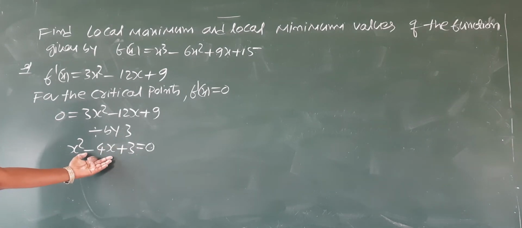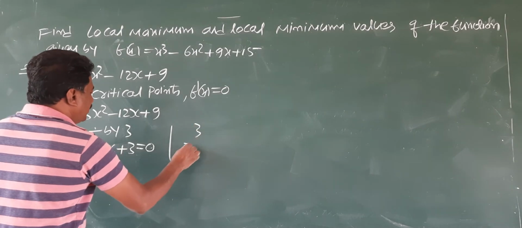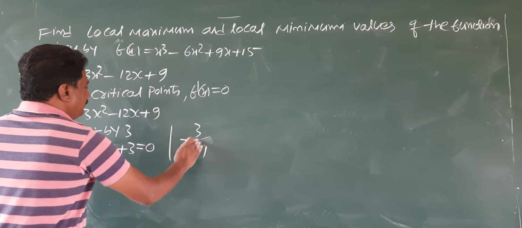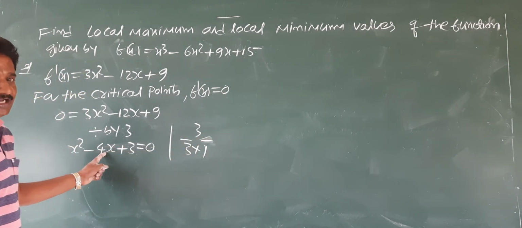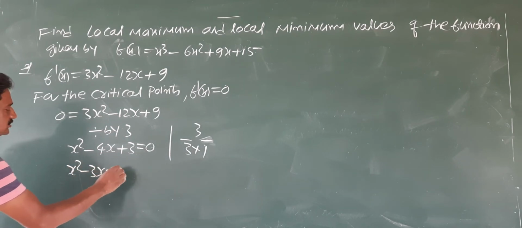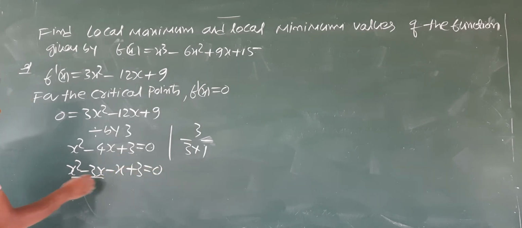Factorize this: 3 ones are 3, minus 3 minus 1 is minus 4. So x square minus 3x minus 1x plus 3 is equal to 0.